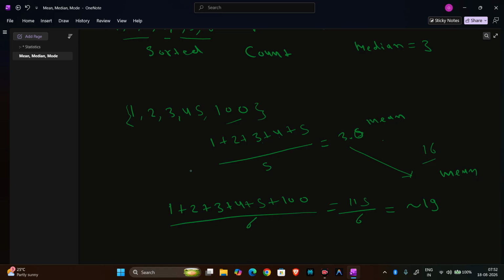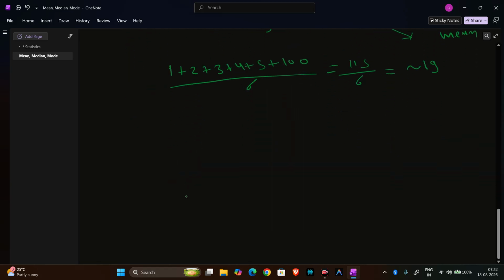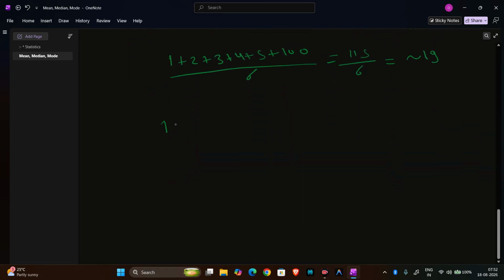So if we check the median for this one, if we take only 1, 2, 3, 4, 5, what is the median? We have median 3, right?